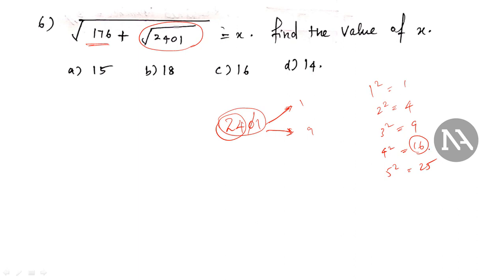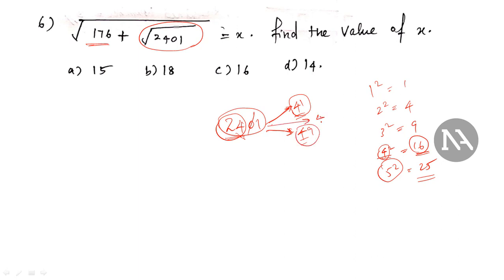Here 4 squared, 16, is coming less than 24. If I take 5 squared, that is giving 25, that exceeds the value of 24. Here I have to take 4 as the first digit because 4 squared is nearby 24 as well as less than 24. Now I have to find out whether 41 is the correct answer or 49 is the correct answer.